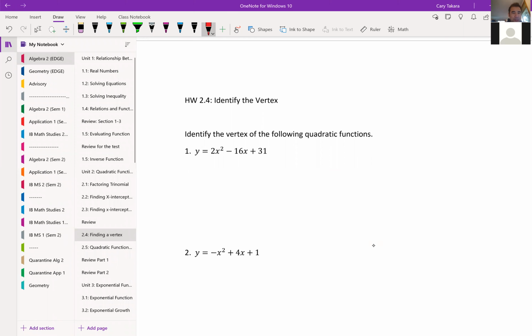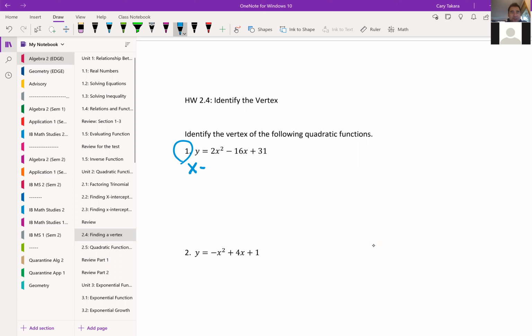You guys ready for number one? So write down the, let's change the color. Is everybody ready for number one? Well, actually, you know what? I'm going to let you guys work on it. How do you find x? So find the vertex.